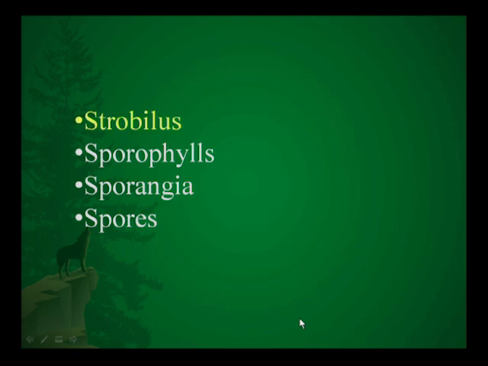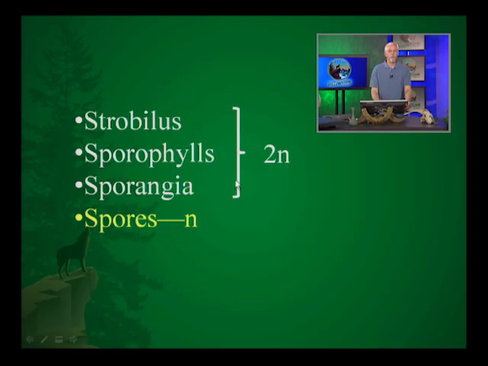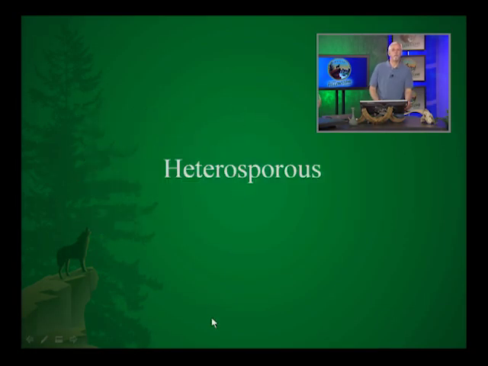The strobilus is composed of modified leaves called sporophylls. So leaves that make spores. And so within the leaves, that's where the sporangia will be generated. And within the sporangia, meiosis occurs, and that's where the spores are produced. So again, all of this tissue would be diploid tissue, and then spores will be haploid.